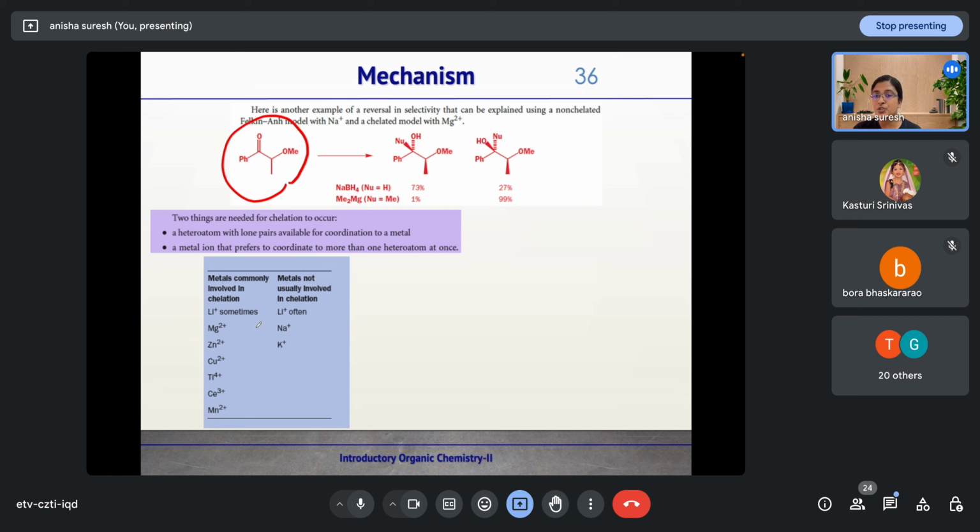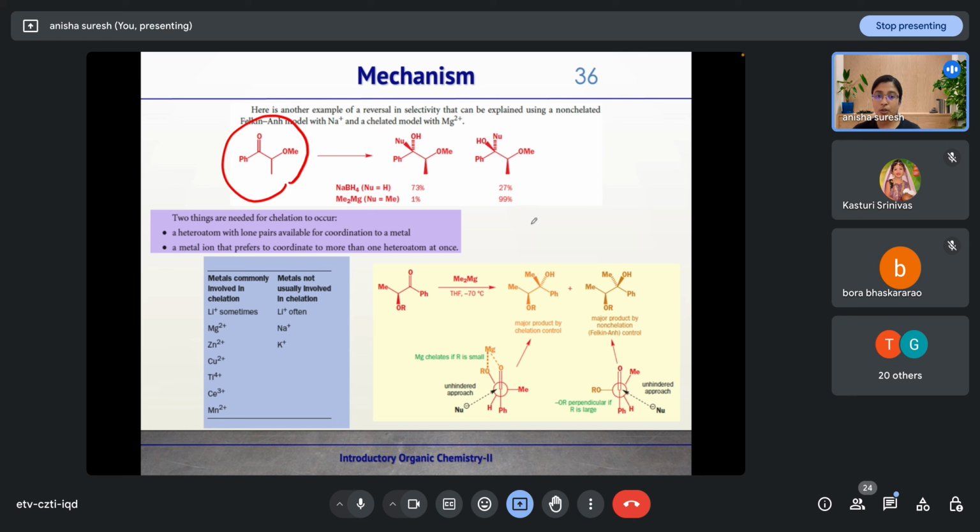That is why it is not showing any chelation. But in case of Mg2+, Zn2+, Cu2+, Ti4+, Ce3+, Mn2+, etc., it can coordinate with more than one heteroatom. Hence, it can be involved in chelation. Lithium+ only sometimes can be involved in chelation. So this is how the reaction is taking place.